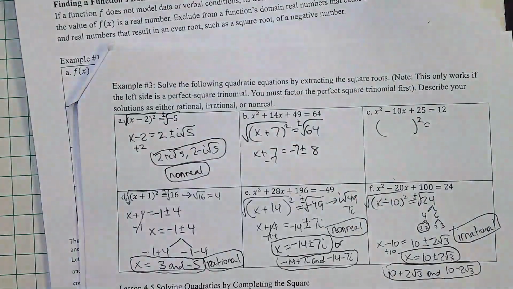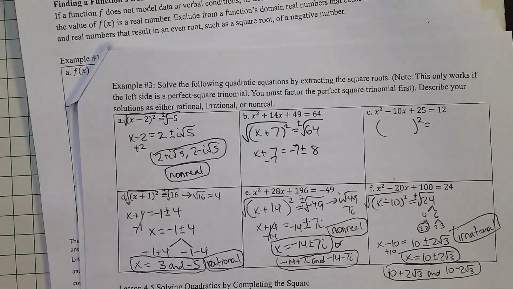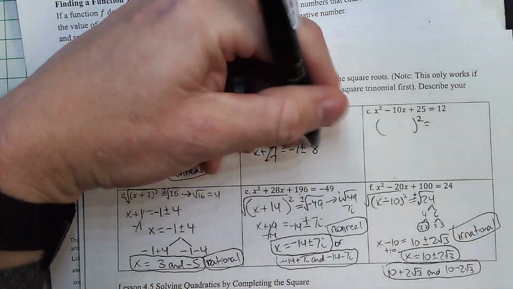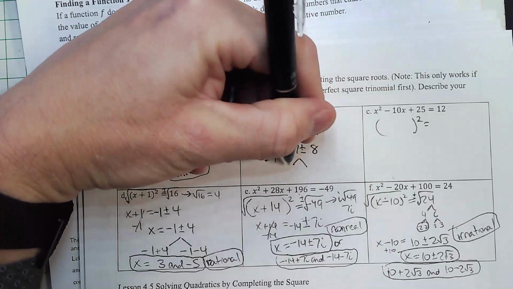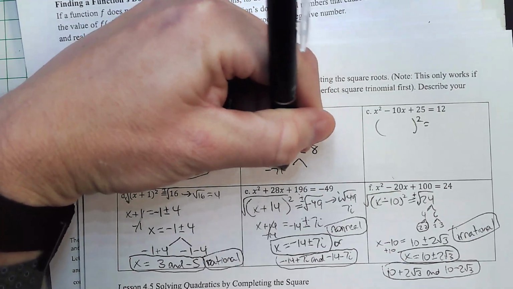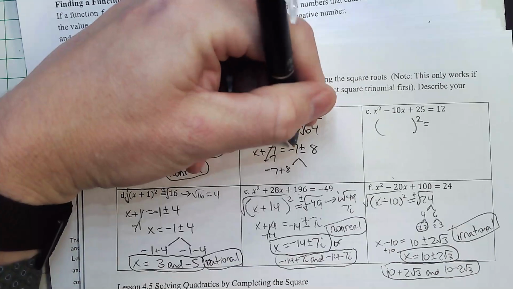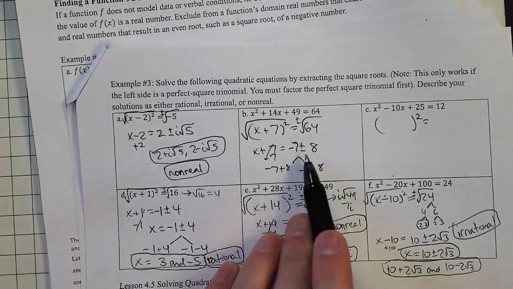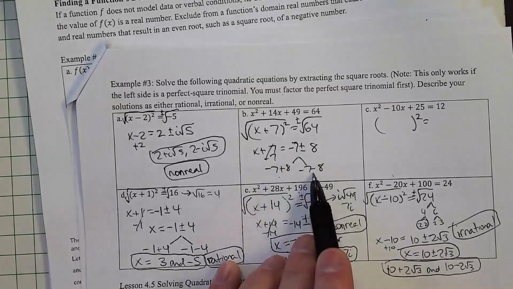Okay, so I do it in the front. Are negative 7 and 8 like terms? Yes. If they're alike, then you're going to do the plus or minus. You're going to do negative 7 plus 8 and then negative 7 minus 8. So if they are alike, you will combine them. So you're going to do 1 for the plus and 1 for the minus.